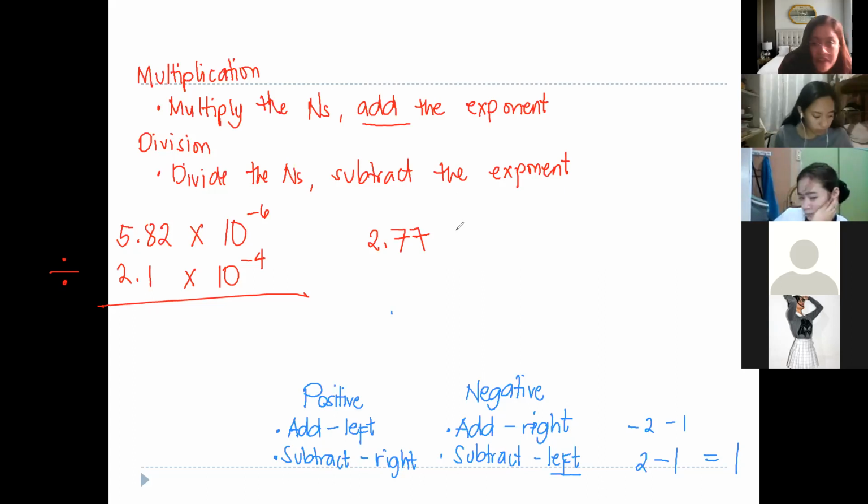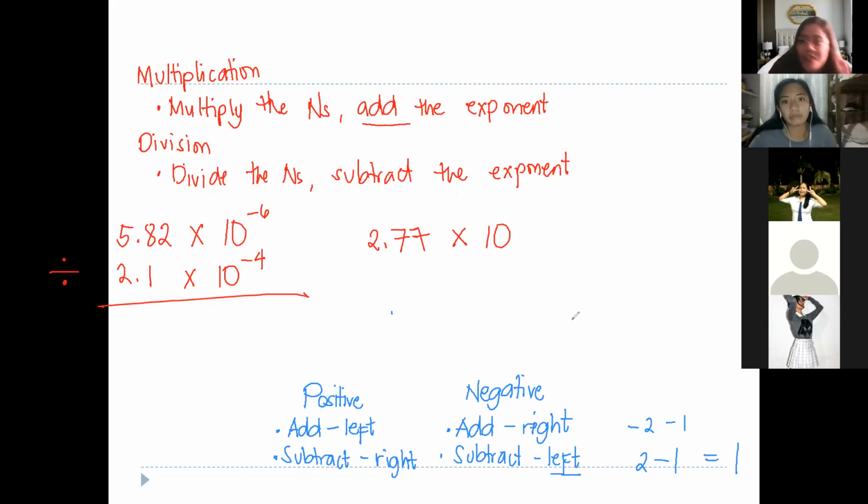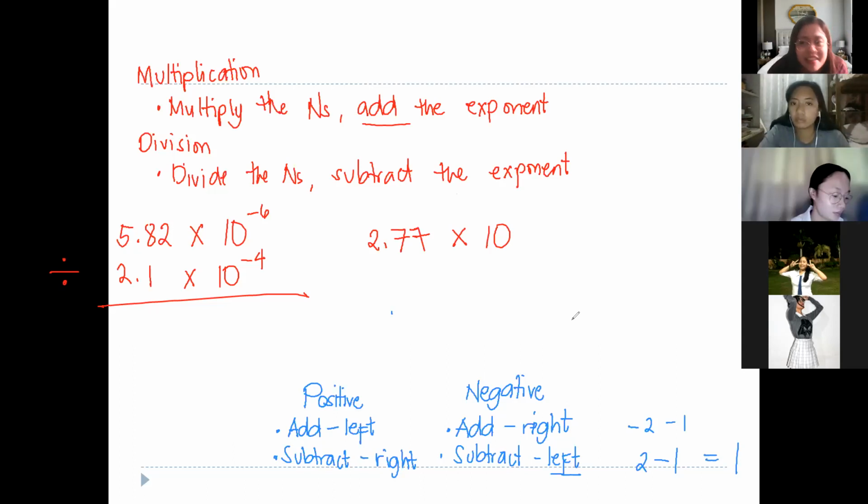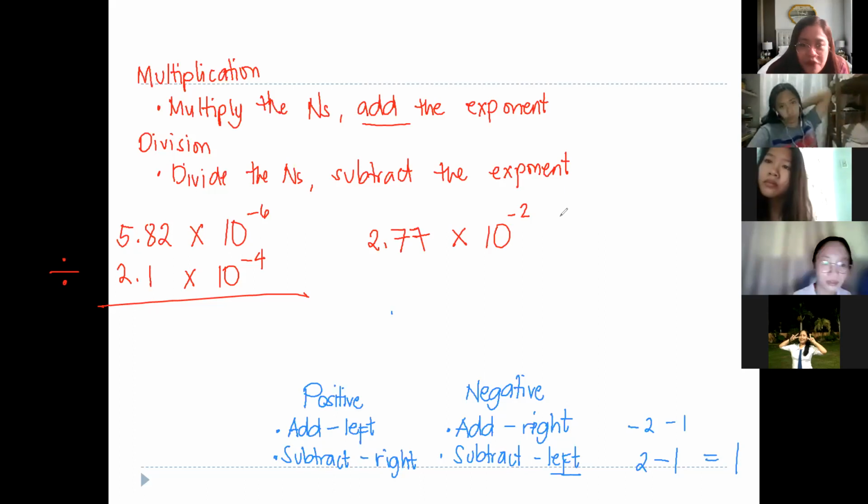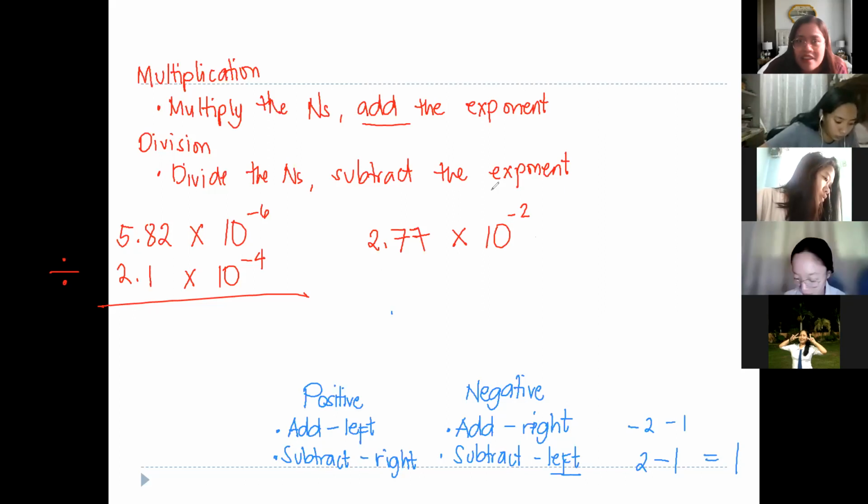Okay. 2.77 times 10. What happens now sa exponent class? What are we going to do? Subtract. Okay, subtract. Negative 6 minus negative 4. Negative 2. Okay, very good. Again, negative 6 minus negative 4 is negative 2. So that is now the exponent.